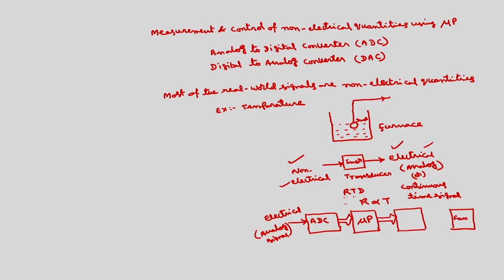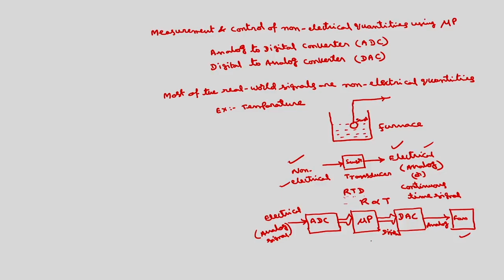This fan cannot be driven by digital signals. So what you have to do is convert this digital quantity into analog by using a DAC. So this is analog now, this is digital, and this is analog, which can be used to control the various analog appliances.